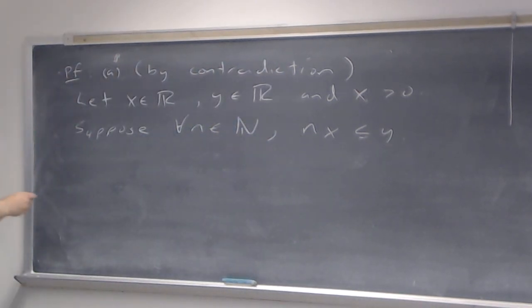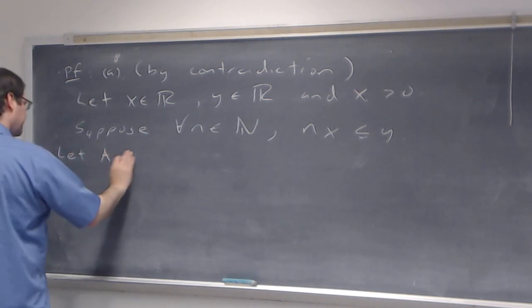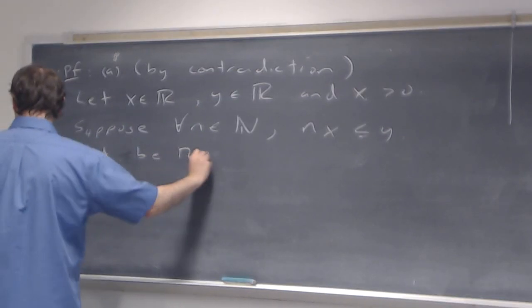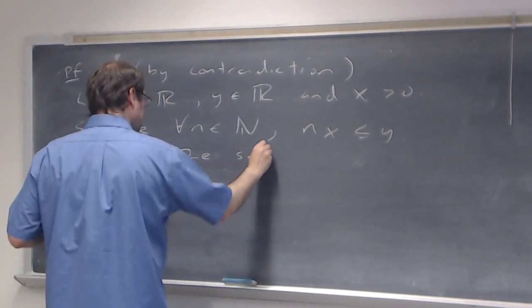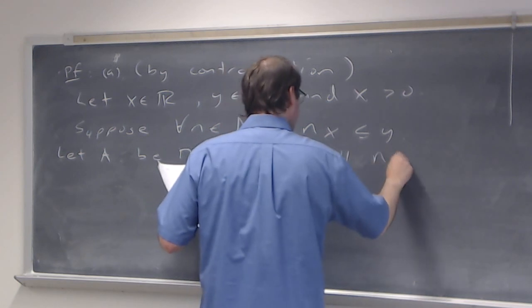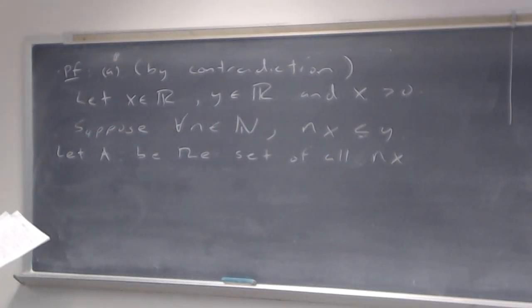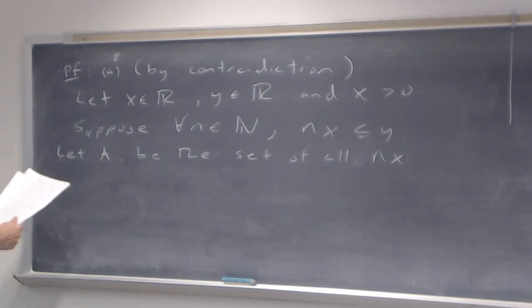Let A be the set of all n times x forms, where x is a fixed positive number and n is a natural number. So n moves, x is fixed.